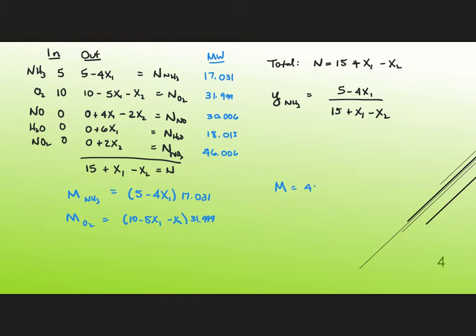It is 405.145, that's the initial mass, plus x1 times, and when I write all these out, I have that for x1 plus x2 times negative 31.99 minus 60.012 plus 92.012.